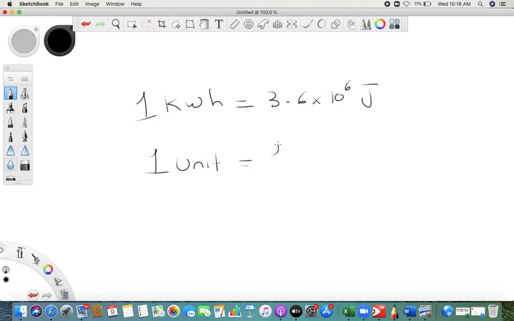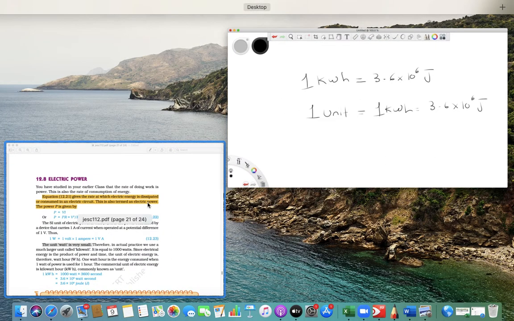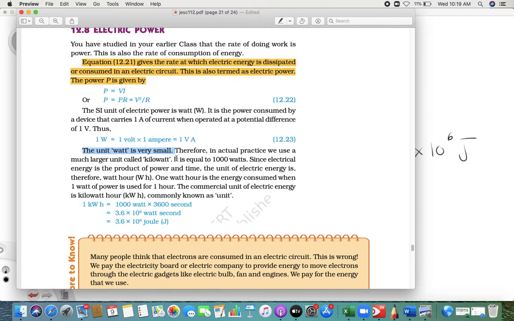So 1 unit is equal to 1 kWh is equal to 3.6 into 10 raised to 6 joule. Okay, and that is what they have explained to you here. Now what is 1 unit? At your home the electricity is measured in units.